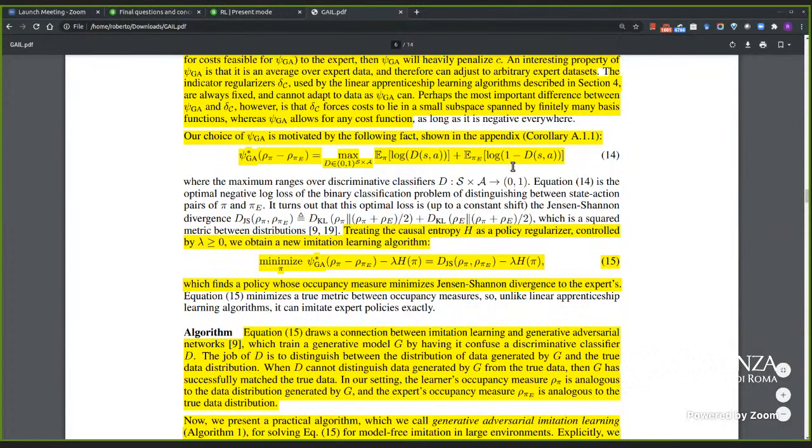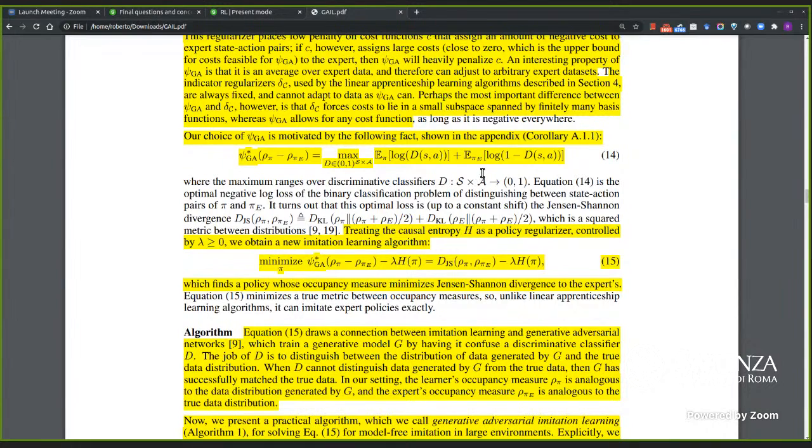Ideally, what we want is that for pi e, the expert data, we have the discriminator returning 0, and for the policy data, the ones that we're learning, to return 1. Why?